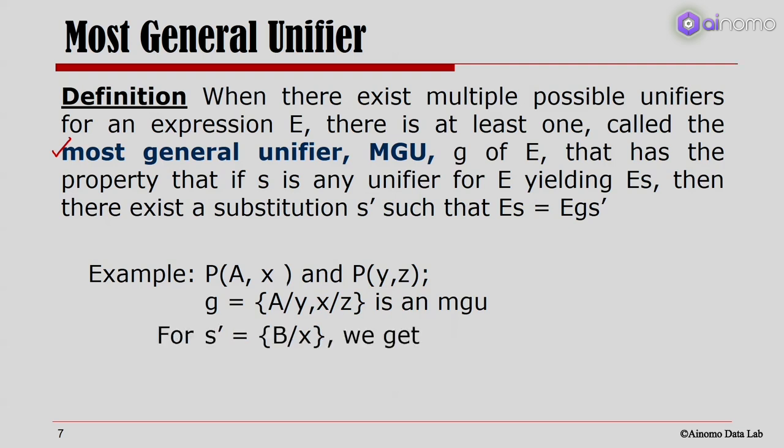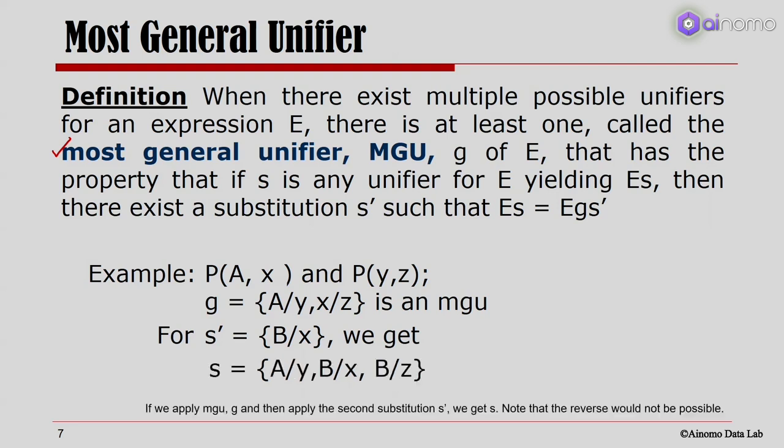This is because I can always have a substitution S prime, which is B for x, and then we get S, which is A for y, B for x, and B for z. Now, if we apply G and then apply the second substitution S prime, we will get the substitution S. Note that the reverse would not be possible, and therefore G is called the most general unifier.